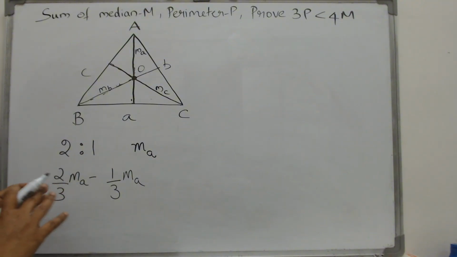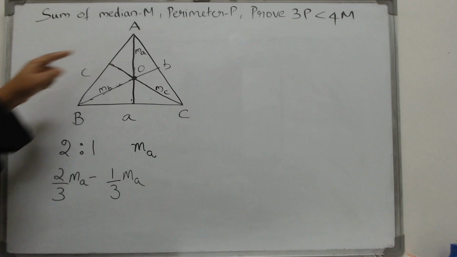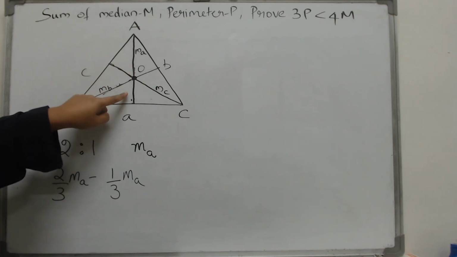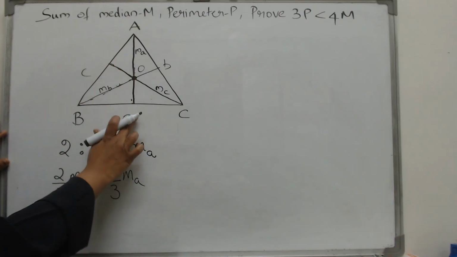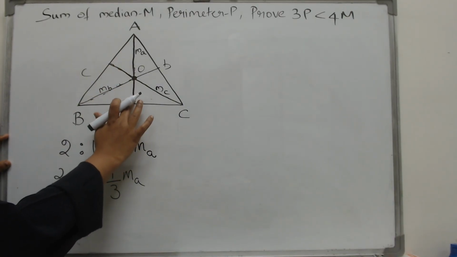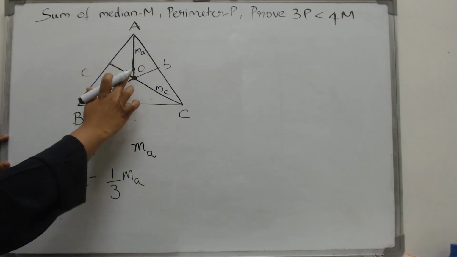That means you have two unequal parts. One part is going to be bigger. Now the question is, which part is going to be bigger? The part which is closer to the vertex, not the one which is close to the side. This part is going to be the bigger part.